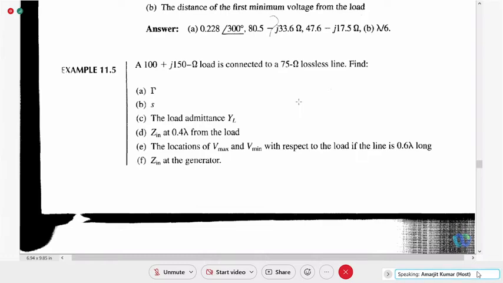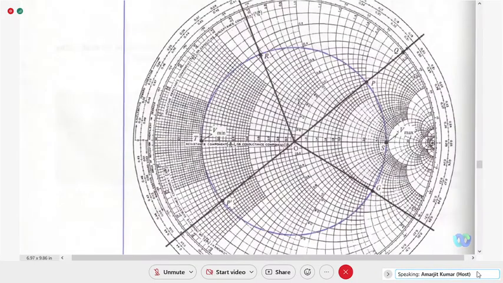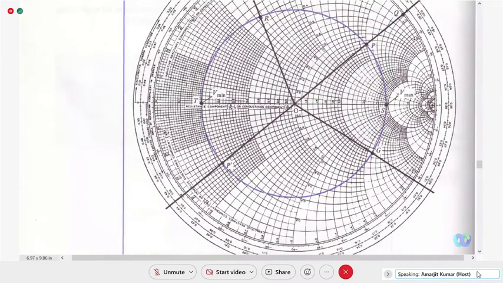What will be the location of Vmax? The location of Zin max, and Vmin means the location of Zin min. The location of Zin max will be on the OP-OC axis. So Vmax is on this axis. But the question is where?